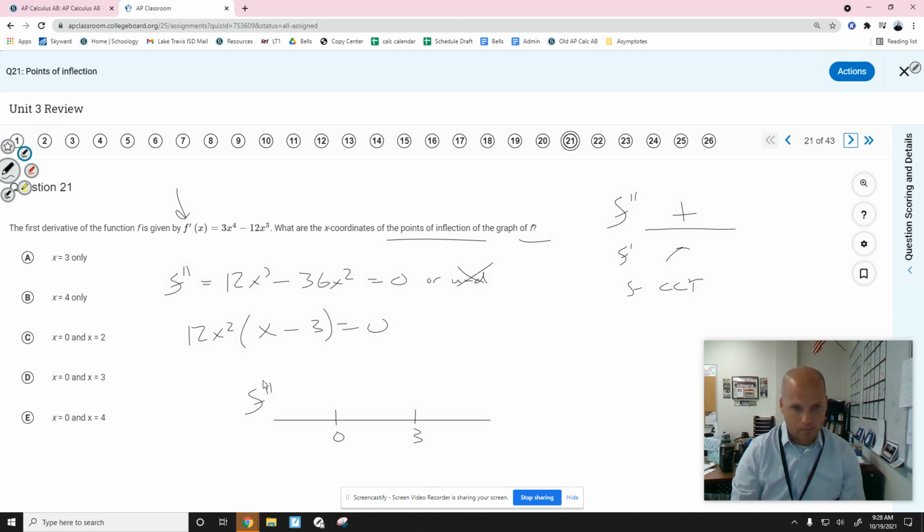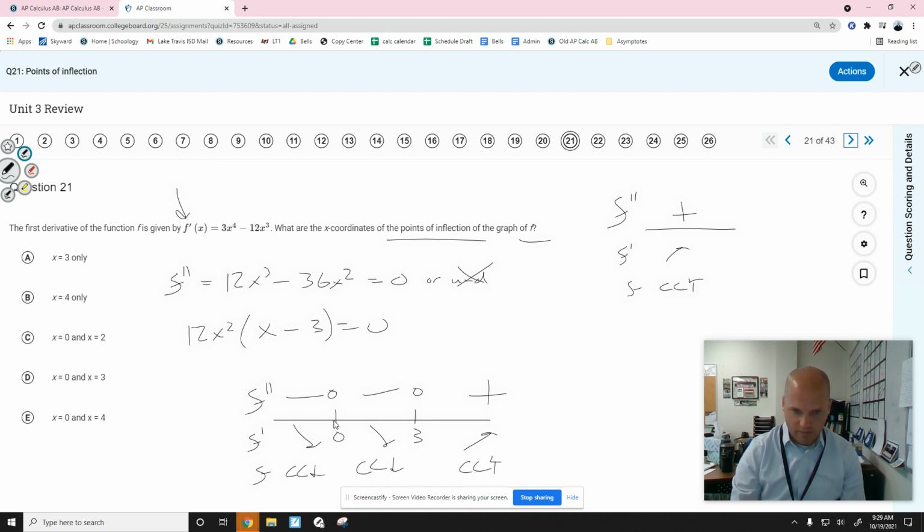That's f double prime. We're not going to change signs at 0, but we will change signs at 3. Start with something like positive 4, positive, positive. Change signs at 3, don't change signs at 0. F prime going down, going up. F concave down, concave up.